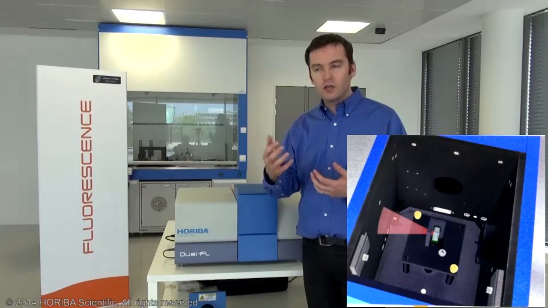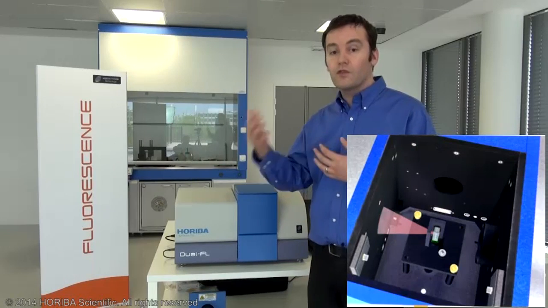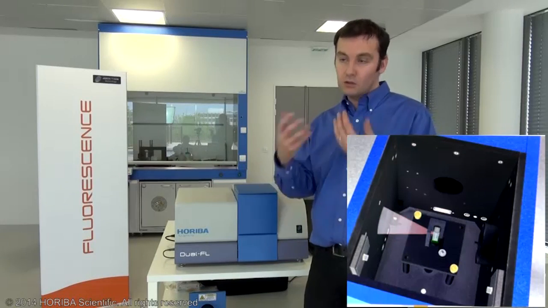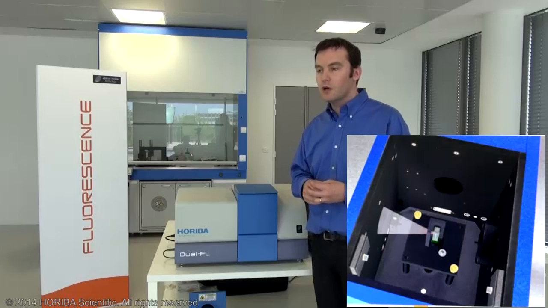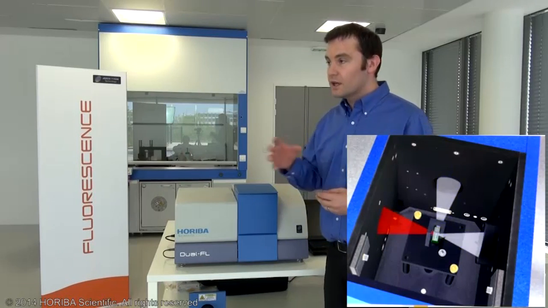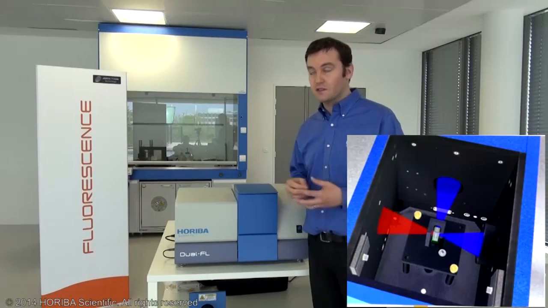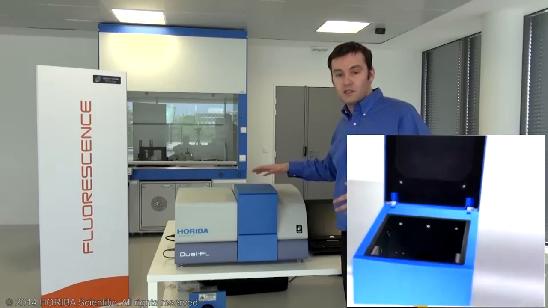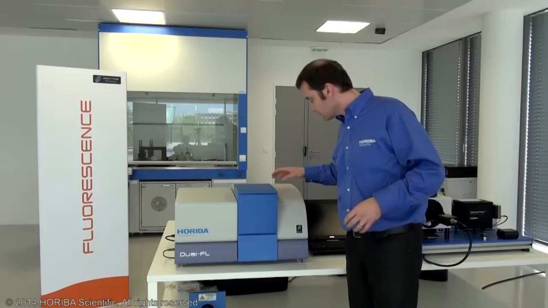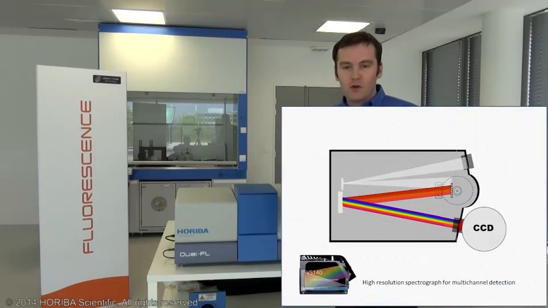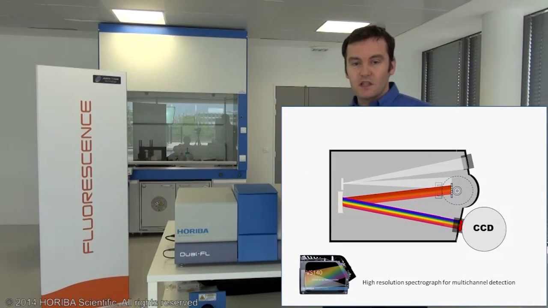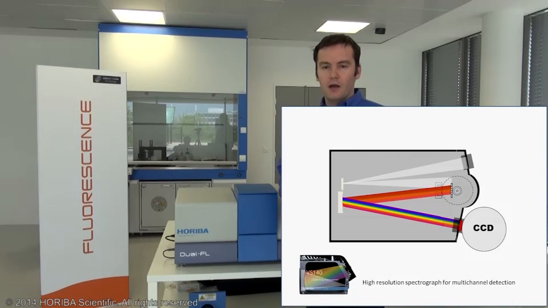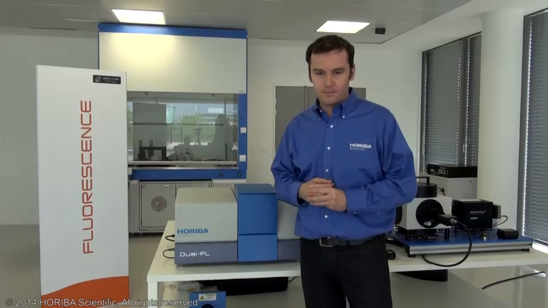As I mentioned earlier, there is a reference diode before this, so we will be able to compare the two signals. Again, the absorbance will be measured, and at 90 degrees, we will get the fluorescence signal itself. The fluorescence signal will go inside a spectrograph attached to a CCD, which allows a relatively large emission record for the fluorescence. So here we are.